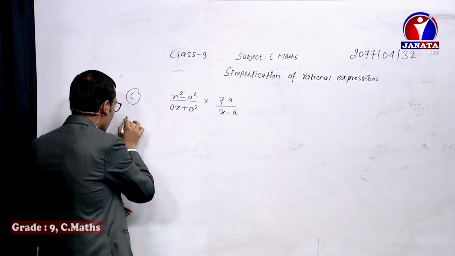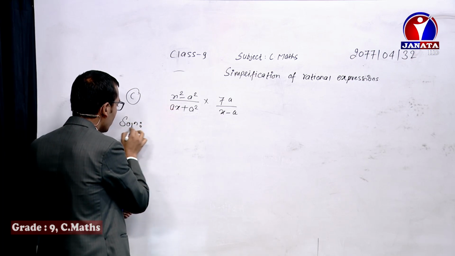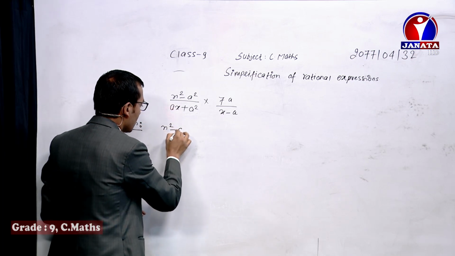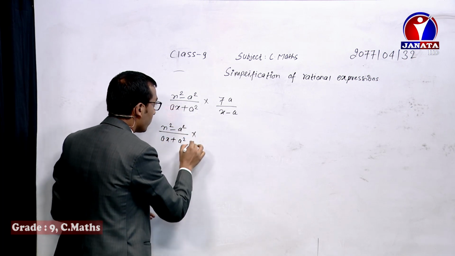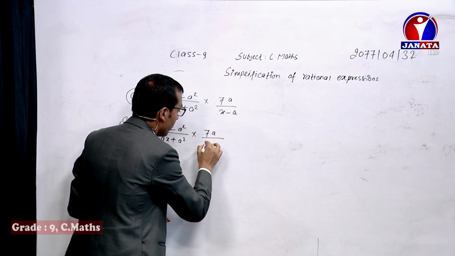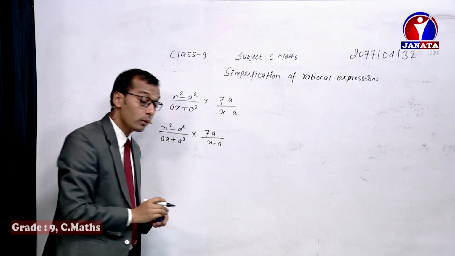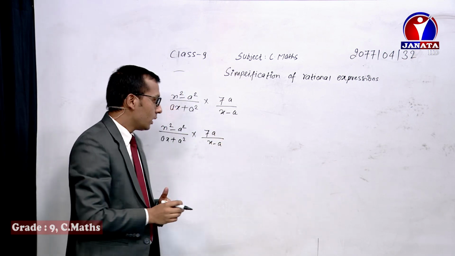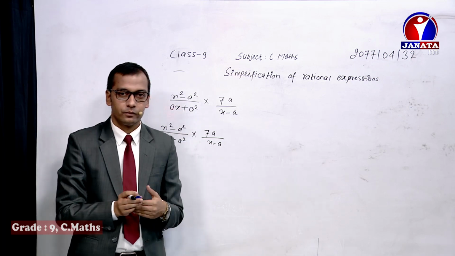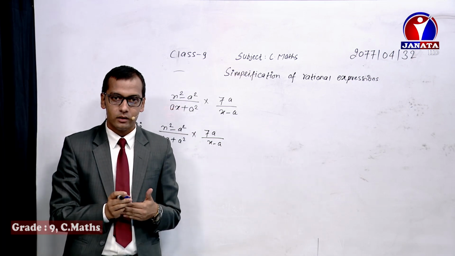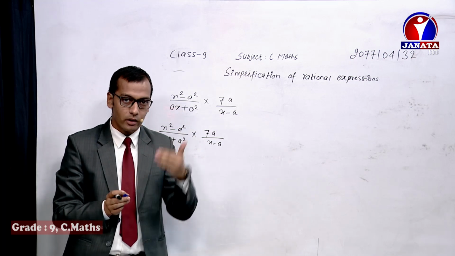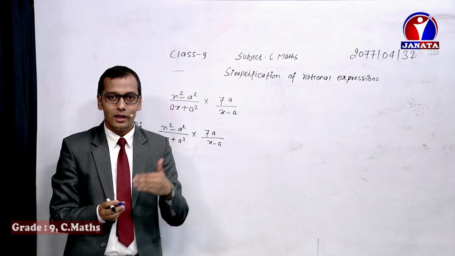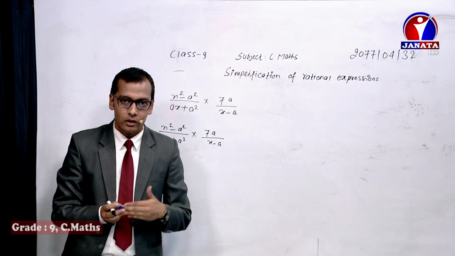First of all, we need to factorize the numerator and denominator in the first step of the simplification. We need to follow a few steps in such short questions. First we factorize numerator and denominator, then we cancel the common factors, and then we write in lowest terms.